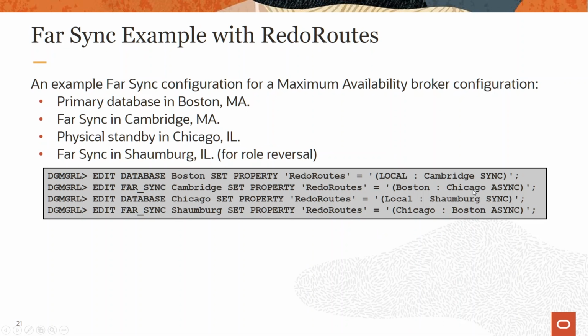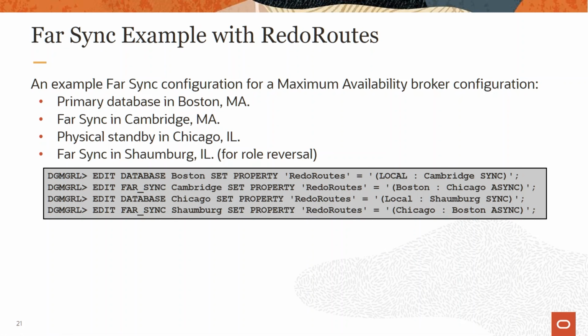That's the meaning of this definition. And if Chicago database becomes primary, then Chicago transport redo to Schaumburg synchronously, and Schaumburg far sync, it transport redo to Boston database asynchronously. So that is to support role transition service.